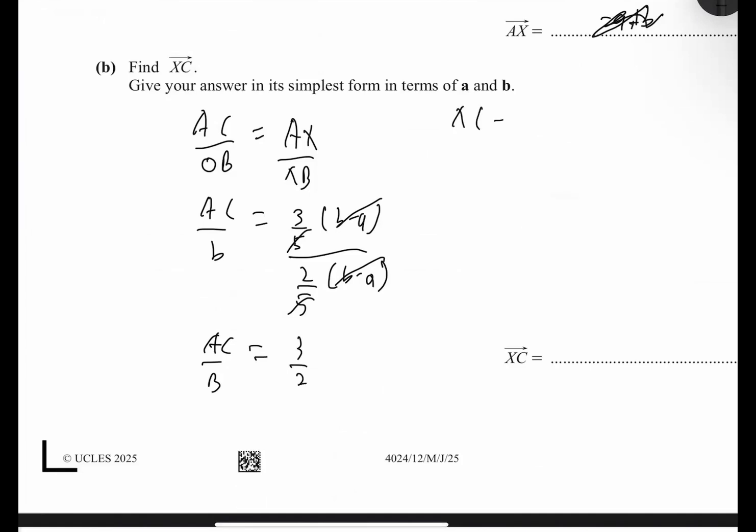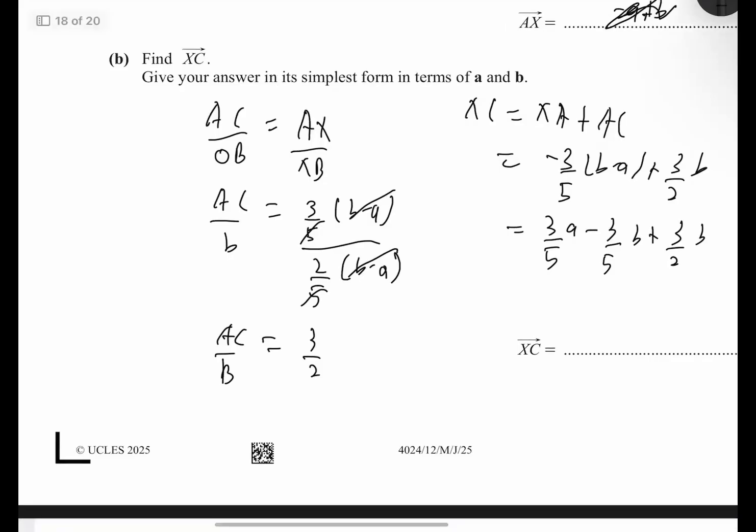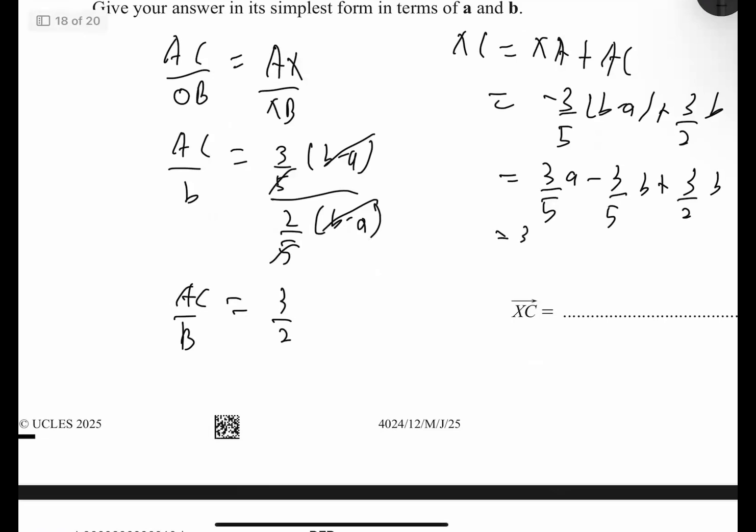So XC would be found by XA plus AC. So minus 3 by 5 (B minus A) plus 3 by 2 B. We just multiplied B on the other side, right? So 3 by 2 B, which is equal to 3 by 5 A minus 3 by 5 B plus 3 by 2 B. We're going to take B common. And that is our final answer. But that is not our final answer.